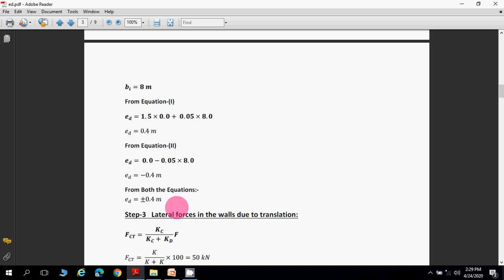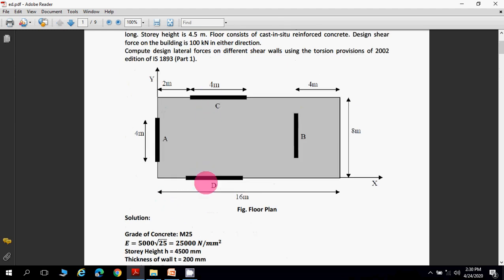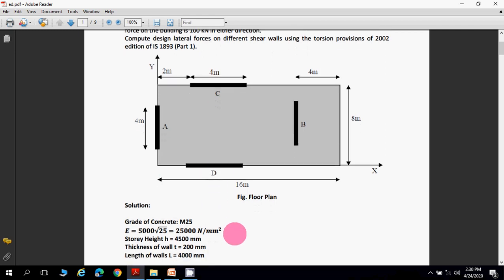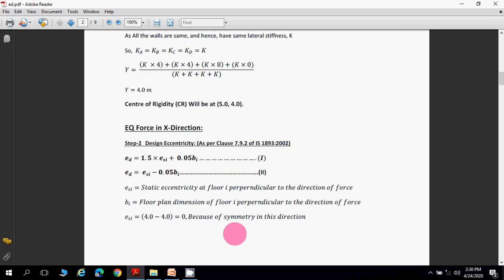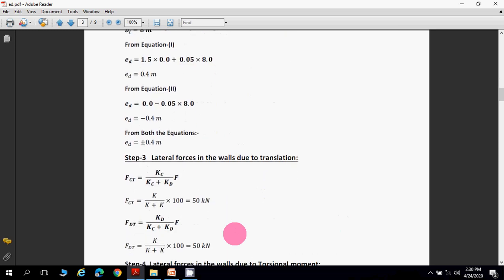In the x direction there are two walls situated, wall C and wall D. Both walls are situated in the x direction, so the lateral force due to translation will be found in wall C and wall D alone. For wall C, it is given by FCT equal to Kc divided by Kc plus Kd into the total earthquake force or total shear force.